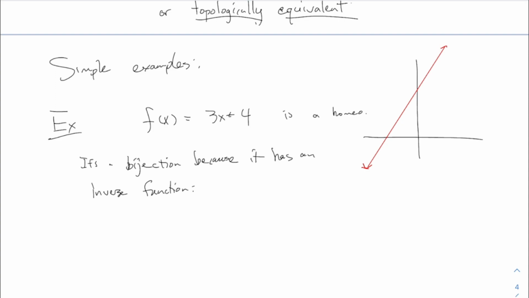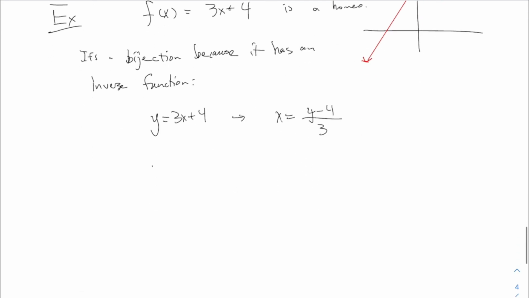And how would I find the inverse function? I would write y equals 3x plus 4, and then solve that for x instead of y. This becomes x equals something like y minus 4 over 3. I think I did that right. And so that's the inverse function. So f inverse of x is x minus 4 over 3, right? I hope you probably learned how to do that in middle school or high school or something like that.